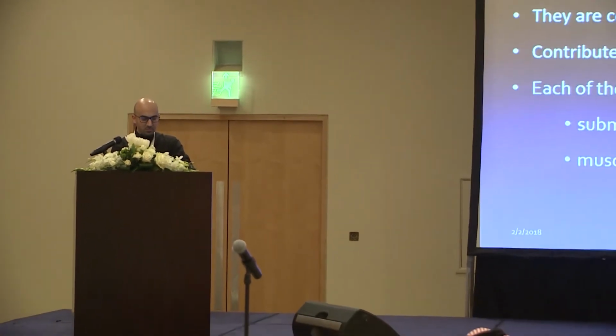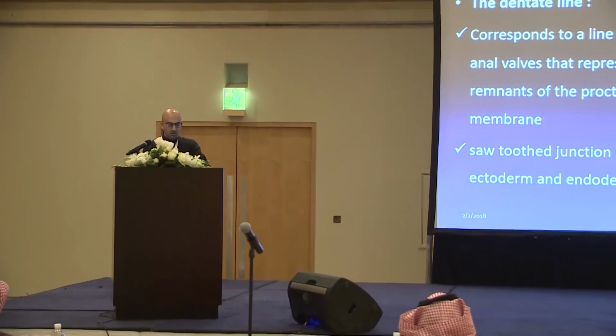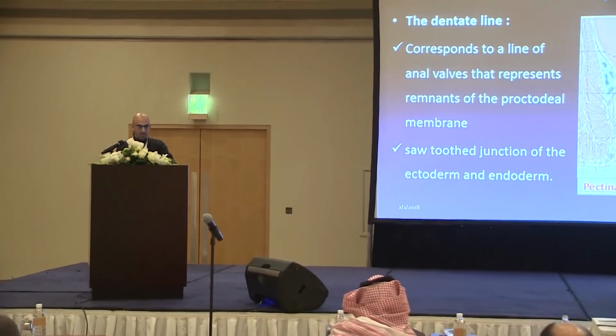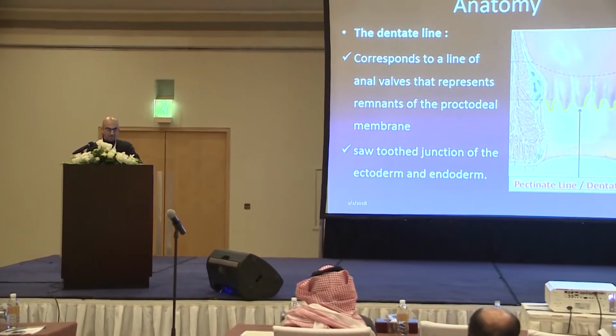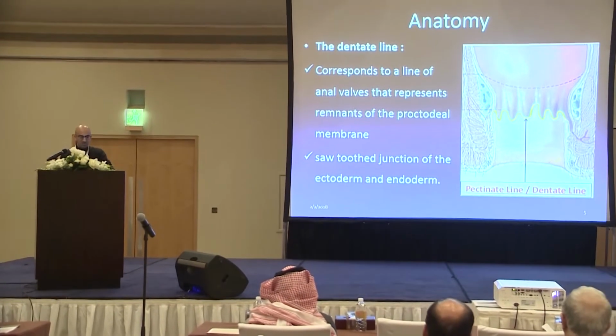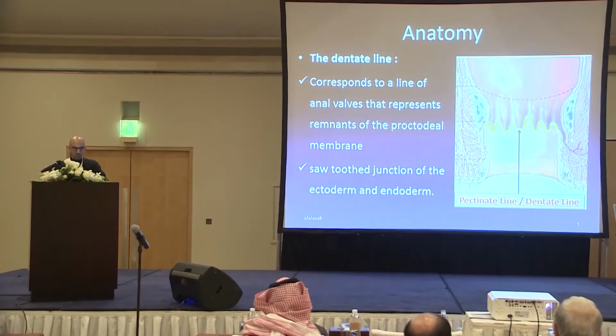We'll start with hemorrhoids. Hemorrhoids are part of the normal anatomy of the anal canal. They are considered vascular cushions, and they contribute to 10 to 15% of the continence mechanism of the body. The dentate line corresponds to a line of anal valves that represents a remnant of the proctodeal membrane.